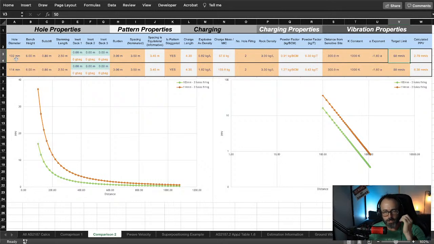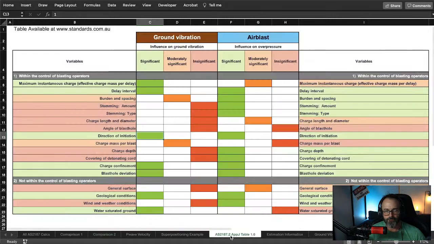Now I built this just today to talk about hole diameters, because I want to show what aspect of the vibration controls hole diameter is going to affect, and that is this single one here, instantaneous charge.